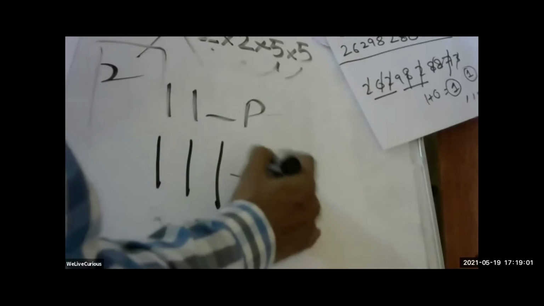Is 11 a prime? It is a prime. But 111, is it a prime? This is the question. So what we do? We will do prime factorization of 111. We have to answer by chat, then I can understand and nobody gets disturbed.